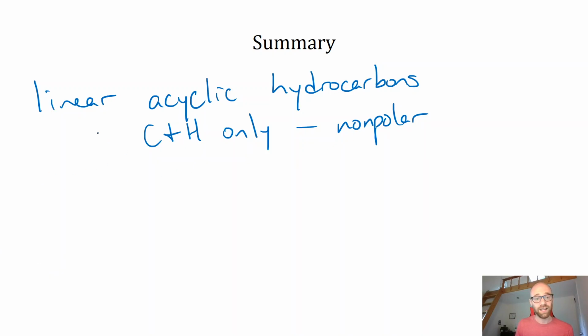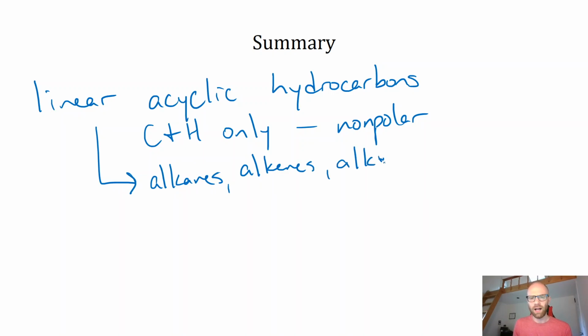There are still 3 types of linear acyclic hydrocarbons: alkanes, alkenes, and alkynes. I remember it because they kind of go in alphabetical order, and these are single, double, there's like an order to it. Triple.